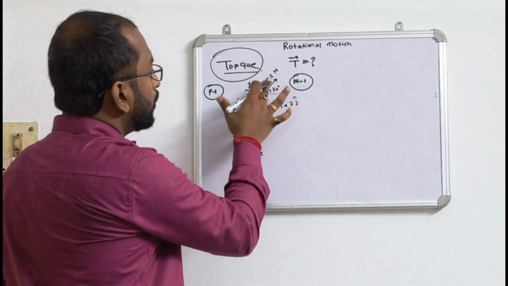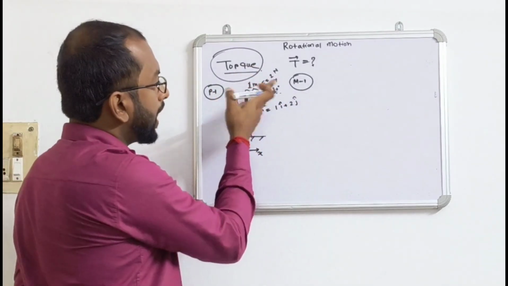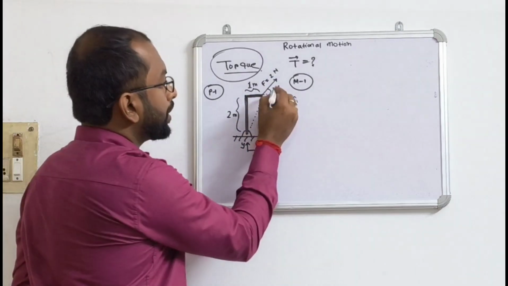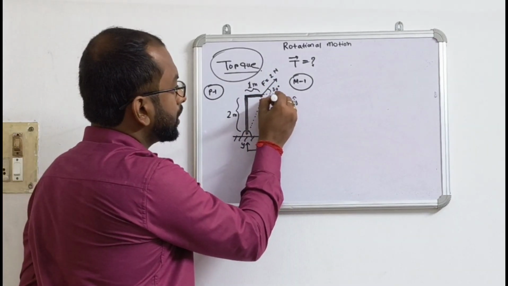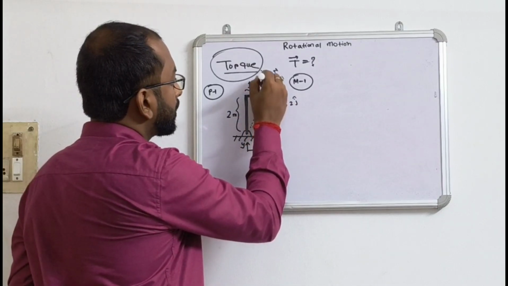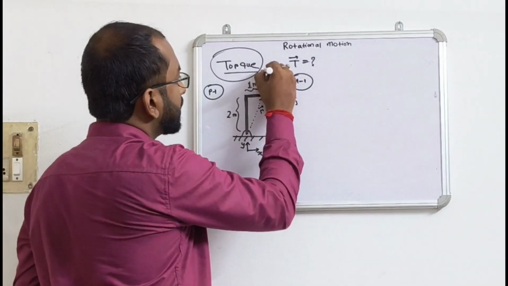And now force is given as 2 Newton, applied at an angle of 30 degrees with the horizontal. So F we can resolve into two components. One is the horizontal component, F cos 30. Another is the vertical component, or y directional component, that is F sin 30.